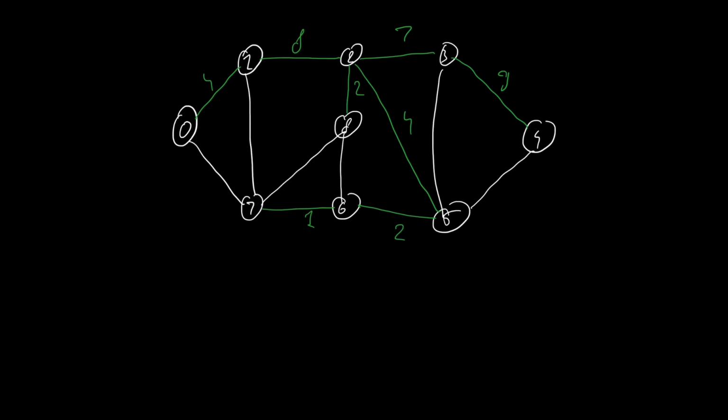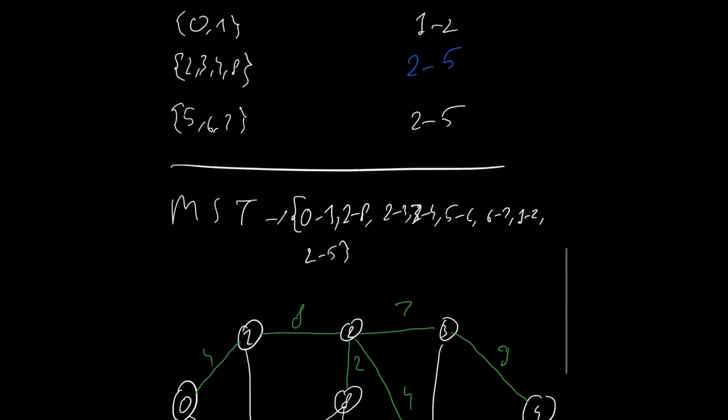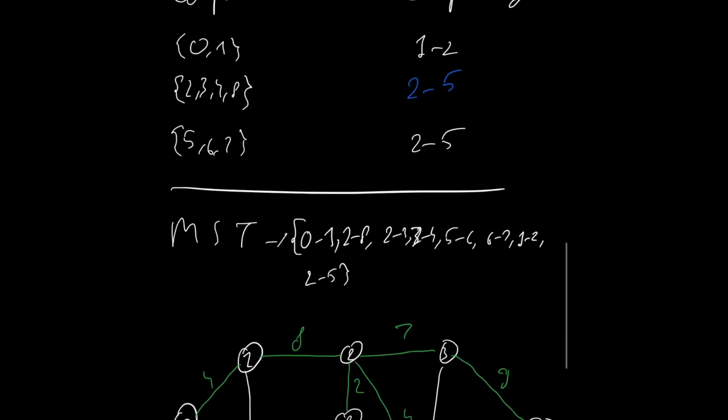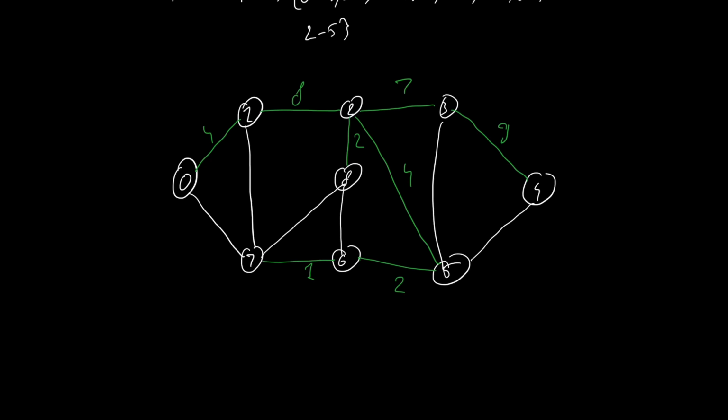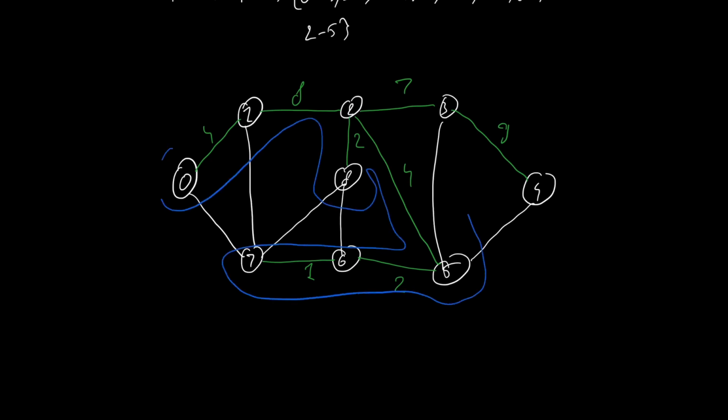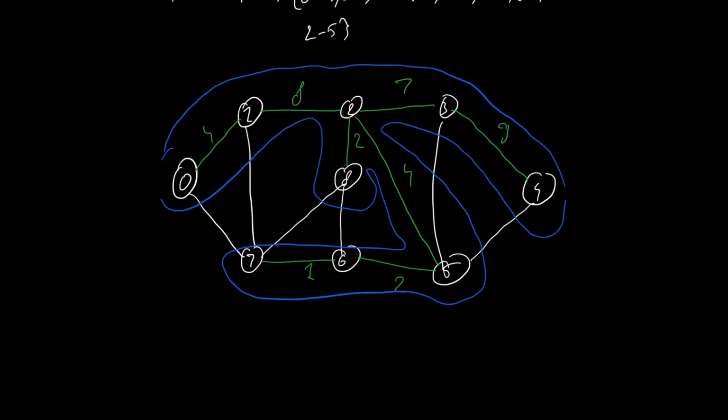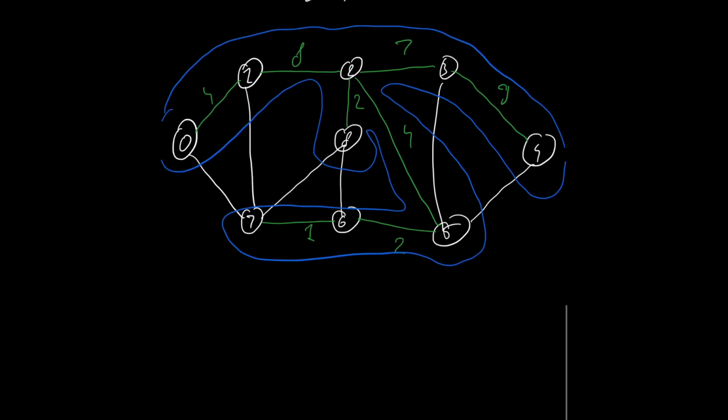So at this stage, let's figure out the components we have. So the component is 0, 1, 2, 3, 4, 5, 6, 7, 8. As you can see clearly, in the present MST we only have one component left.